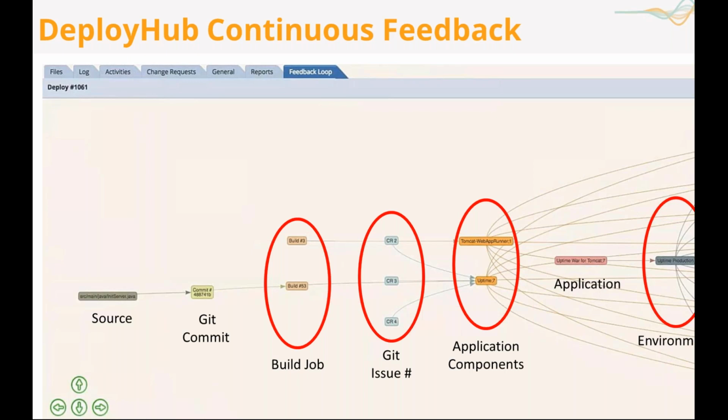There is often confusion about DeployHub competing with Jenkins, and I want to kill that immediately, because Jenkins is never going to want to manage an application package. It's going to call other tools to do that.